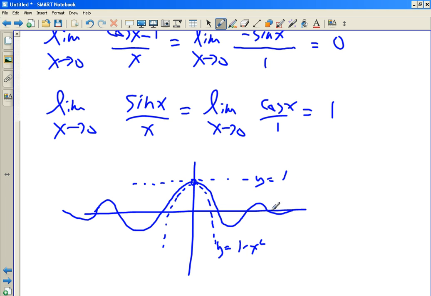Plug in 0, it's 1. This is always 1, the limit is 1. So from the right, this approaches 1. From the left, this approaches 1. But this curve is stuck in between. It's sandwiched inside. This one goes to 1, this one goes to 1, but this is stuck in between. So as you get closer and closer to x equals 0, this limit's got to be forced into 1. That's the sandwich theorem. Okay? We also did this with convergence tables and all kinds of stuff. So we've seen these limits before.